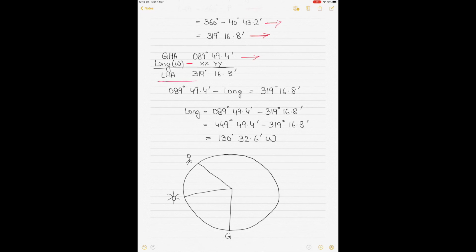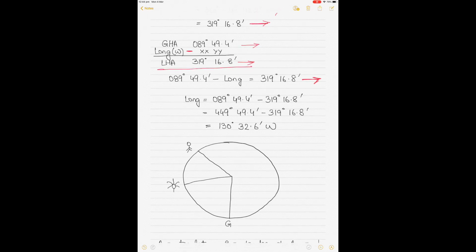Based on my values here, I've got my LHA, I've got my GHA, I don't know what my longitude is. I can also write this equation like this. Whenever it's west longitude, you subtract from the GHA. If it's east longitude, you add to the GHA. So the rule of thumb is longitude west, GHA is best. That means GHA is more than LHA. Longitude east, GHA is least. That means GHA is less than LHA.